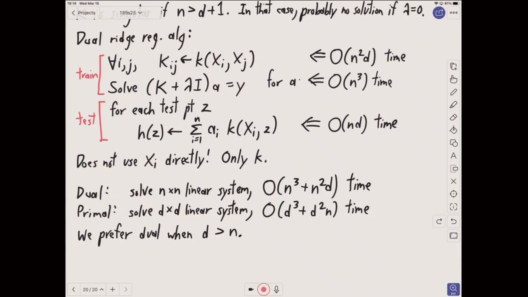When you center both x and y, so you center your data matrix and you center your labels, then if they come from a random distribution, like a normal distribution, then the expected value of the optimal bias term that would be computed by ridge regression is 0.